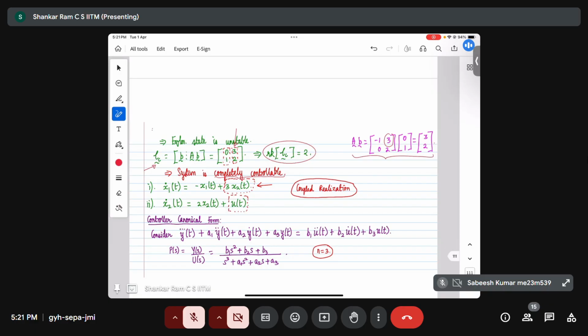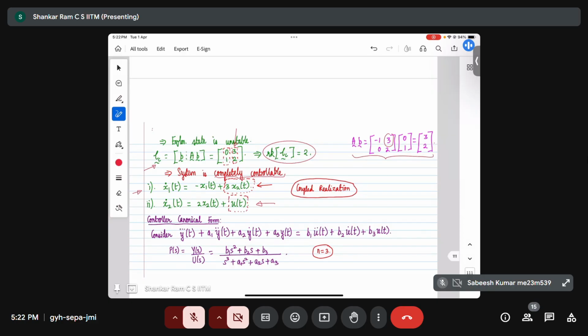So we can see something very interesting happening here. Let's rewrite the two state equations one by one. The first state equation is now x1 dot equals minus x1 plus 3x2. x2 dot is 2x2 plus u. The second state equation remains the same as before. What has changed? The first state equation has changed.